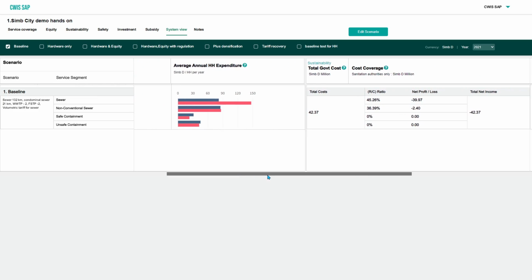This indicator allows for the comparison of spending across the categories and also shows up the disparities in the price paid by the household as per their income group within the category.